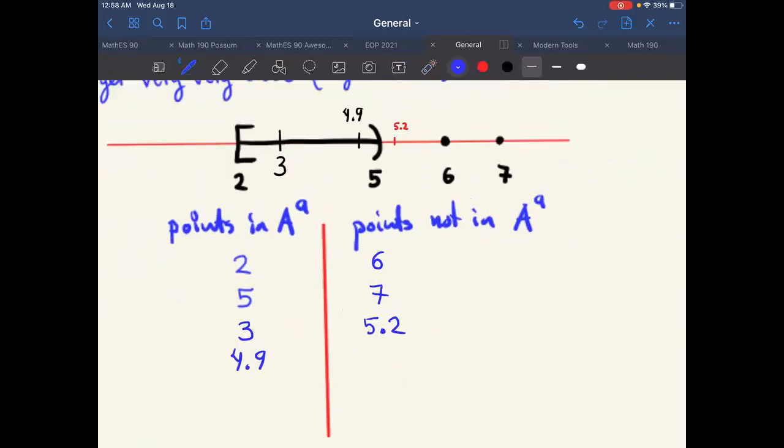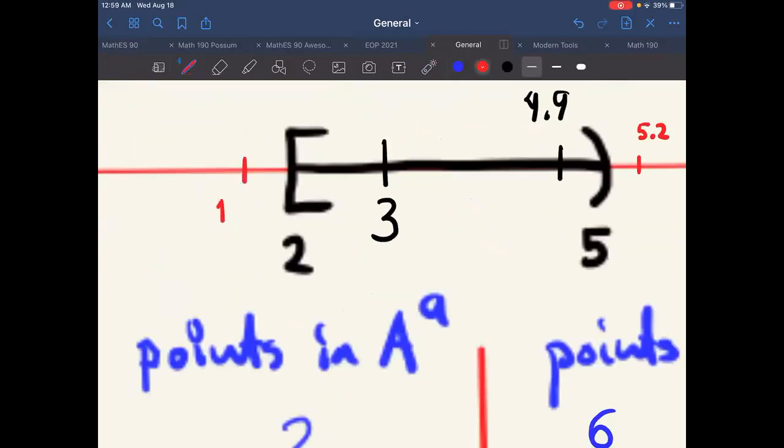Neither is 1.9. Where's 1.9? It's right here. You cannot find a bunch of black dots other than 1.9. In this case, 1.9 is not even a black dot, but you cannot find black dots that get closer to 1.9.